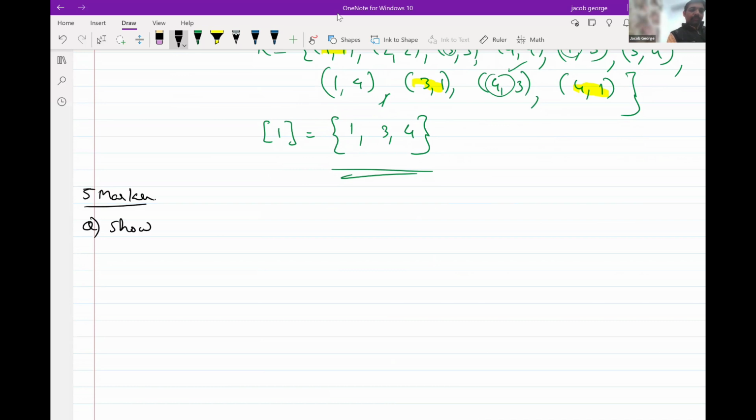Show that the relation R on set Z of integers. What does Z stand for? Integers.